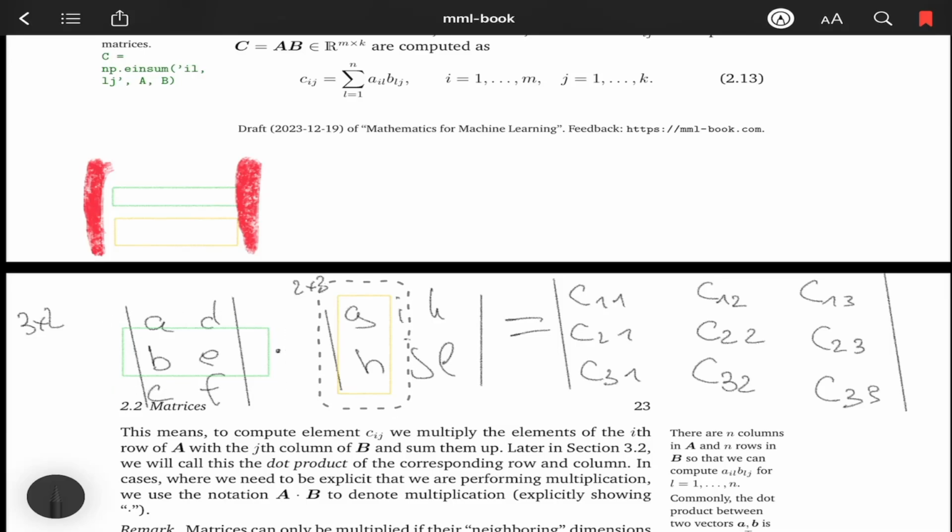And then we go again, the yellow one to C22, now to C23. And then to go back to C31, we do this. We reset the yellow box and we just move the green one down. And then we move that to C32, and for C33, we just move to the last one. Yes, so every time we have a different combination. That makes sense, because every value should be different, right?